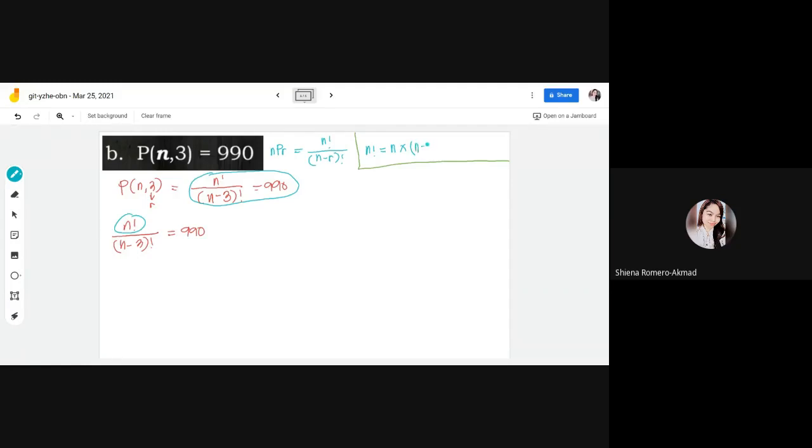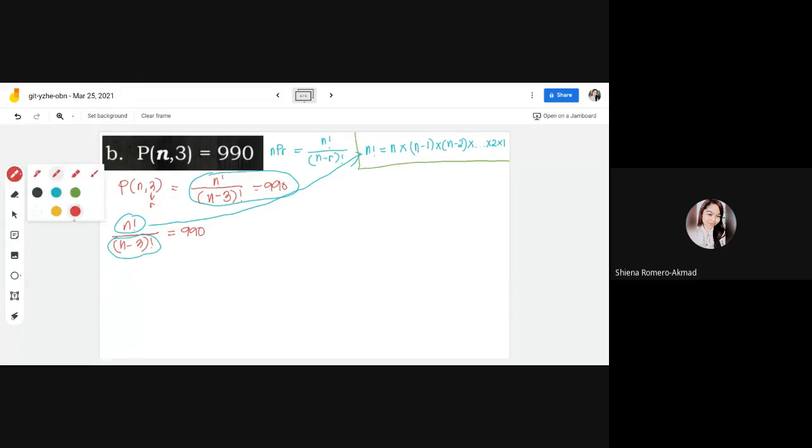N minus 1 times N minus 2 and so on until we get to 2 and 1. Naalala nyo to? So, ano lang yan? Minus 1, minus 2, minus 3, minus 4, and so on. Bakit ko siya pinapaalala sa inyo? Kasi remember dito, meron tayong N minus 3 factorial. Dapat makancel natin yan. Pag na-cancel natin yan, mas madali nang isolve. So, para ma-cancel natin yan, si N factorial, express natin siya sa ganito.